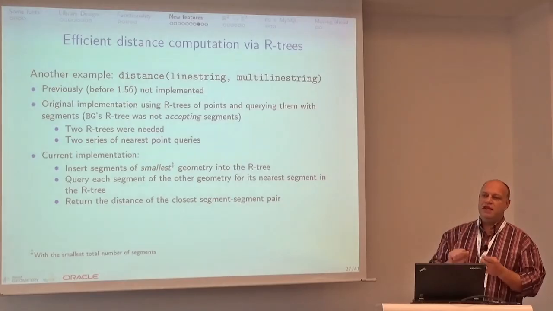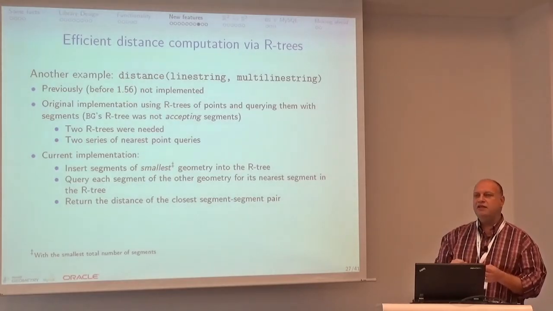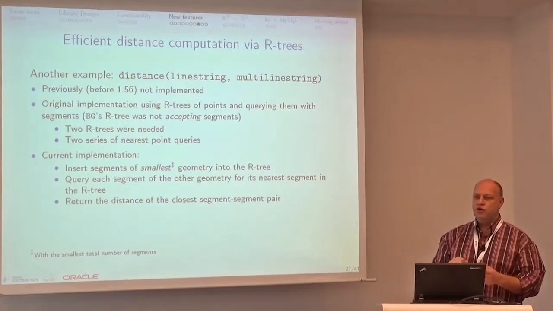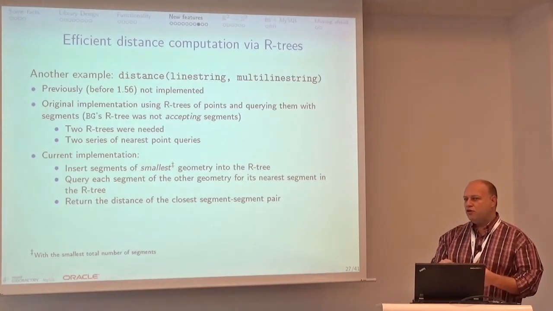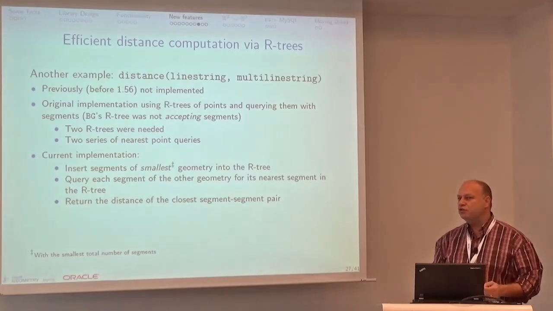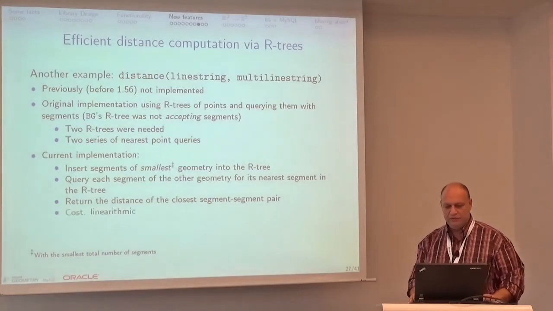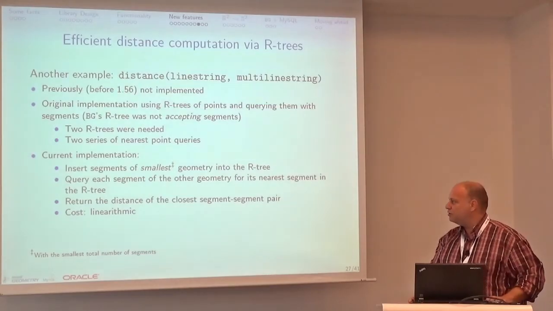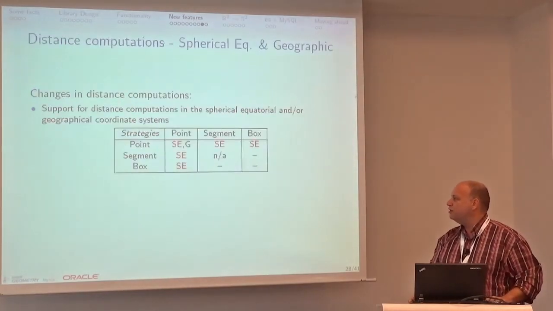So I would say, yes, this is very interesting, this should be done, but we have something else which is more important for us right now. We want to support geography or computations on the sphere before going into parallelization. The cost here is again linear-arithmetic, and whatever I said earlier about costs holds true here as well.